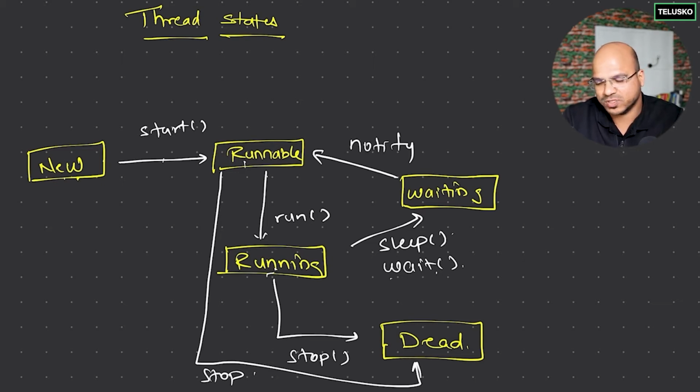When you call wait, you have to use the notify method to come back. When you call notify, it will not come back to the running state. It will go to the runnable state. So it goes from running to waiting, waiting to runnable, that's the cycle it follows, and then again from runnable to running state. These are the states available. We have this number of states in threads, especially in Java.